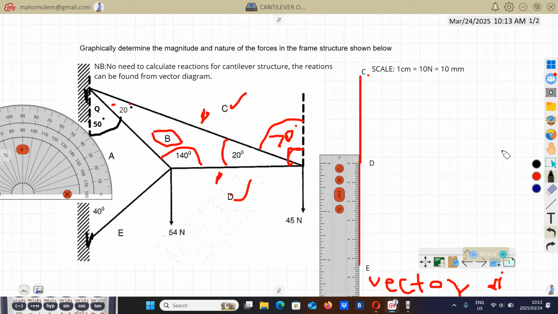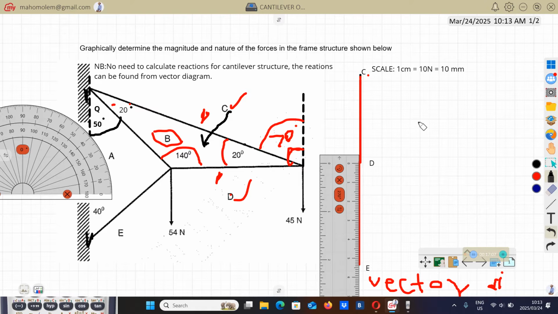Now let's move on. Now I'm trying to find the B. From C to B, there is a line moving at an angle of 20 degrees. So we're going to draw a parallel line from C, and that line must move at an angle of 20 degrees.